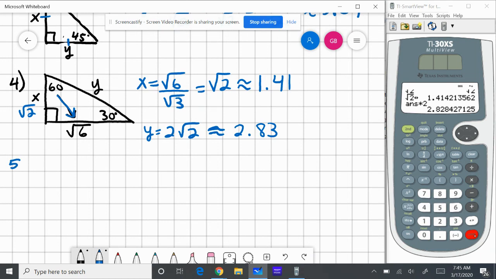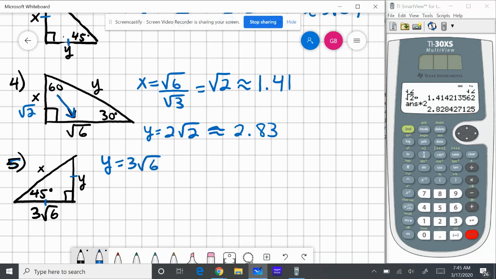Number 5. Okay, we have a 45, 45, 90. So these two are congruent. So we already know that y is also 3 square root of 6. Change that to a decimal. It's approximately 7.35.